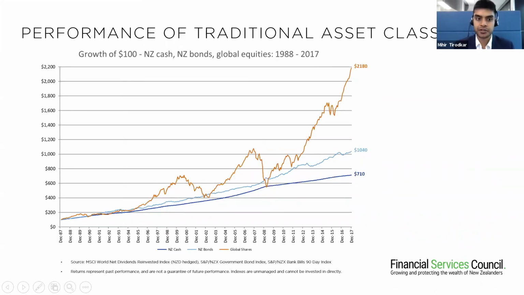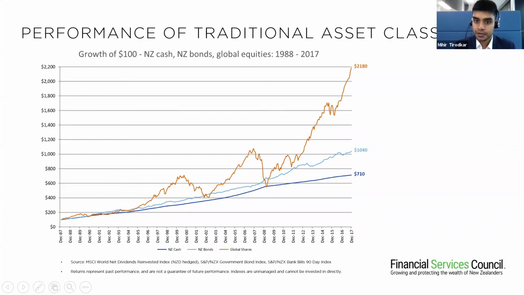Now let's look at what's actually happened historically. If you were to invest $100 into either cash, NZ bonds, or global equities in 1988 and hold this position till the end of 2017, what would your portfolio look like? Well, the dark blue line at the bottom is cash.